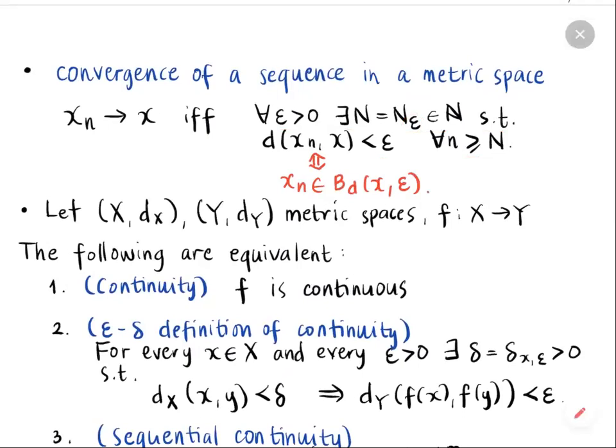So therefore, all terms of the sequence, except for a finite number, should belong to the open ball centered at x with radius epsilon.